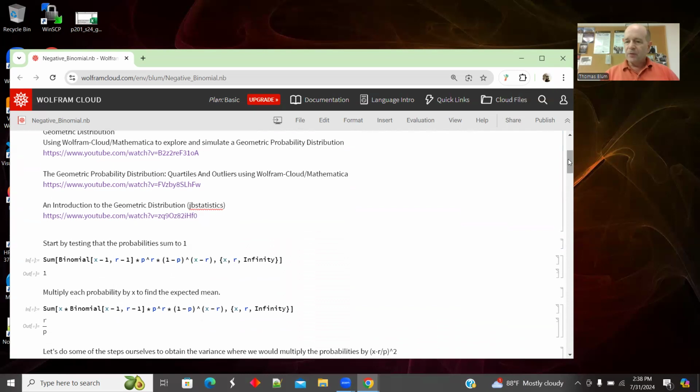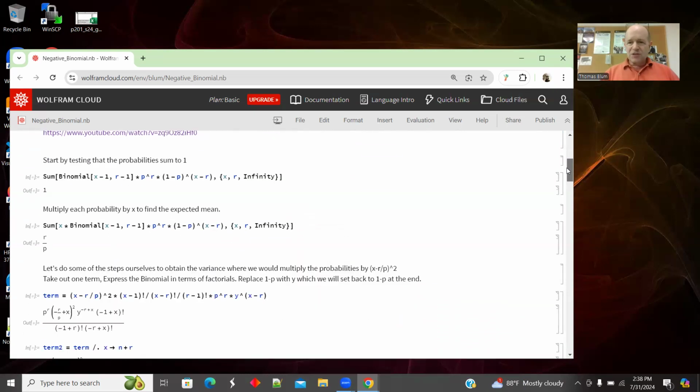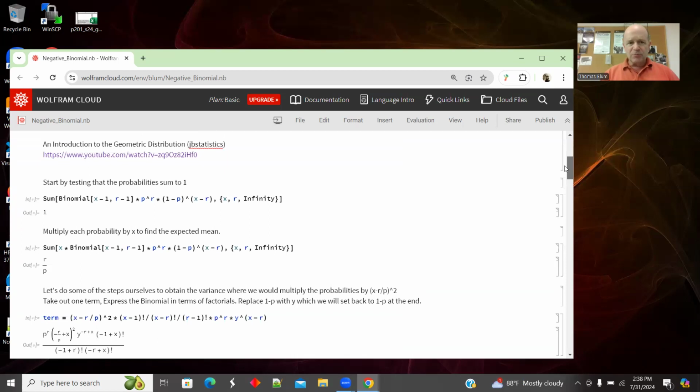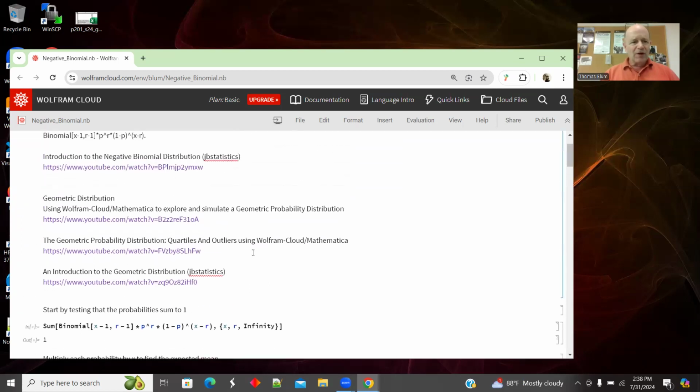So looking at the full distribution, I'm going to find expressions for the mean, the variance, the kurtosis and the skewness, and do a simulation. So play around with Wolfram on this.